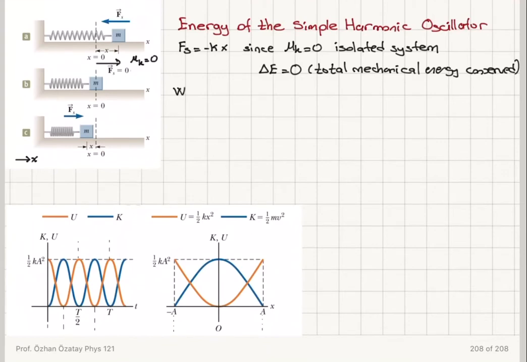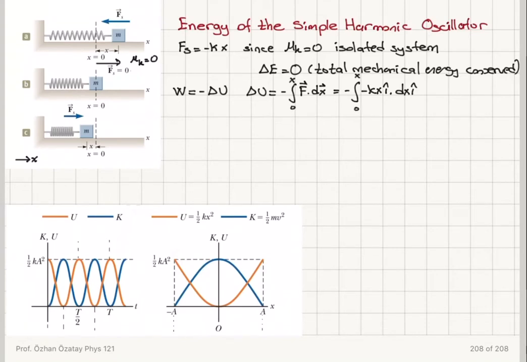The only force that causes this motion is the restoring force, which is a conservative force. And remember, it's derivable from a potential energy. So using the work potential energy theorem, minus delta U, if I have the change in potential energy from x equals 0 to x equals x, it's minus the integral of the force dot product with the displacement it causes.